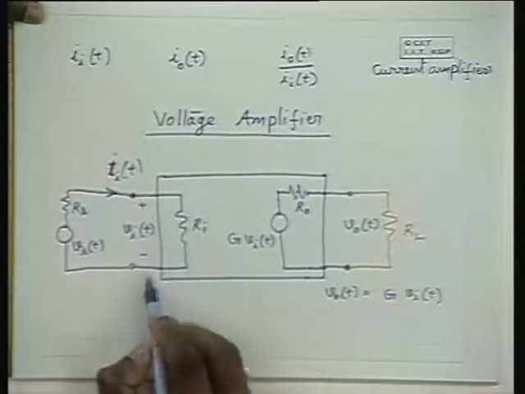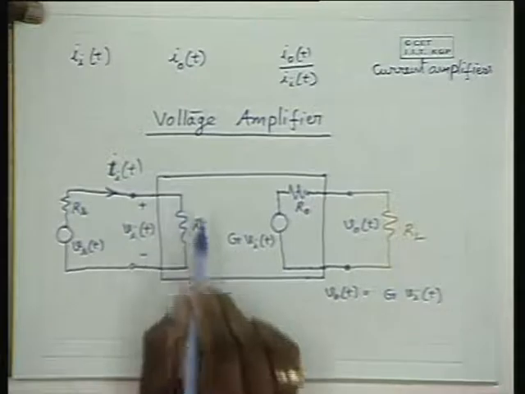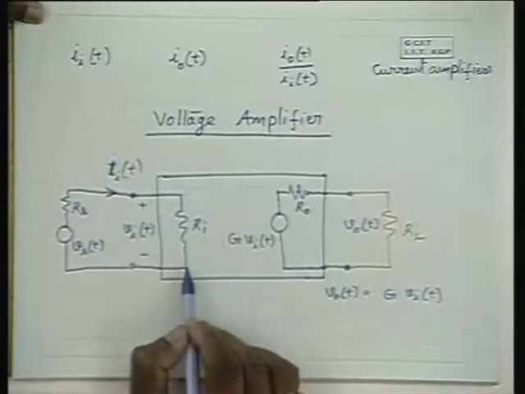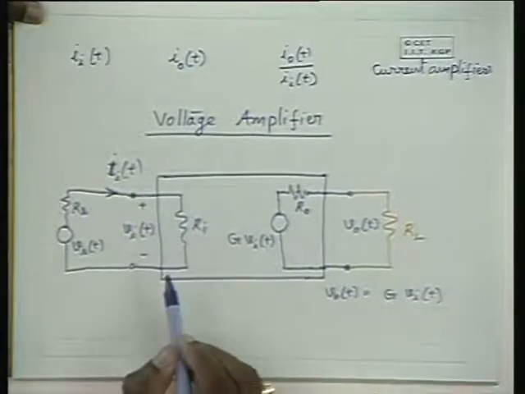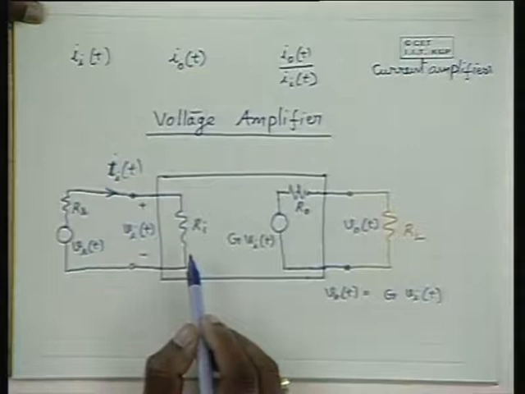Hence, the amplifier's input side can be modeled as a resistance which can be indicated by Ri. I indicates input side.